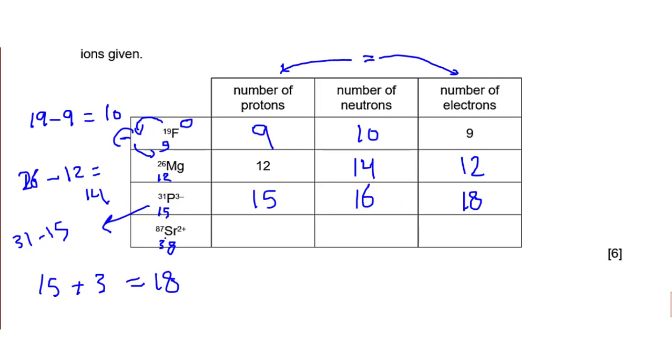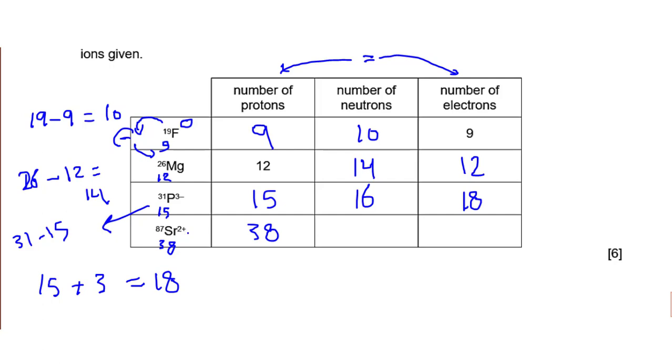The last one, this is strontium. Here we have also a charge. This charge is positive. In case of positive, if you remember, number of protons will be more than number of electrons. So here we have 38 protons. And then number of electrons should be less than this proton number by 2.